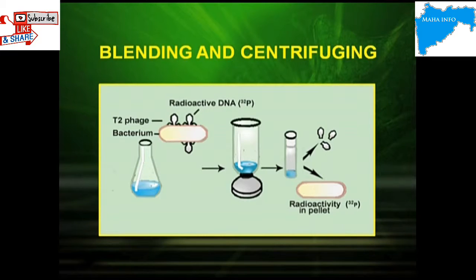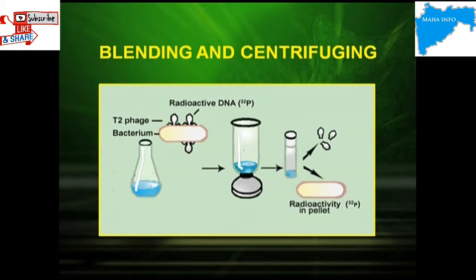After infection, the next step was blending and centrifuging. To their surprise, after centrifugation, they found two components, the one was supernatant and the other was the pellet. When they used P32, they found the radioactivity in the pellet. Now what does this pellet contain? The pellet contained the bacteria.